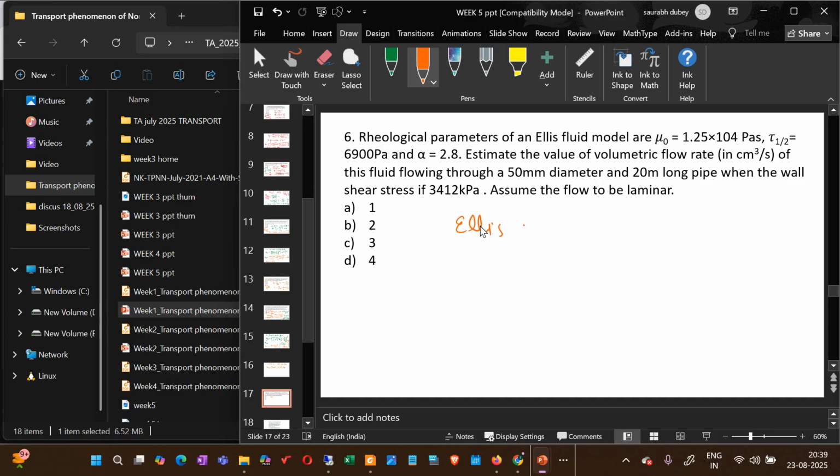So for the Ellis fluid model, mu equals mu 0 divided by 1 plus tau yx divided by tau half to the power alpha minus 1, and these are the expressions that we will be using.